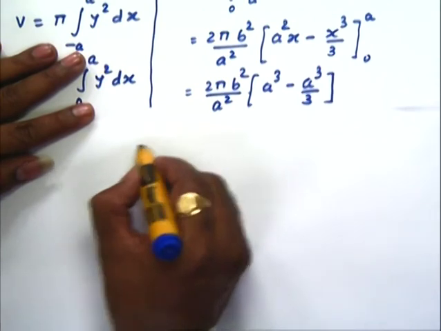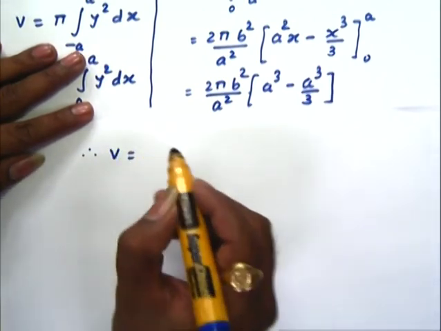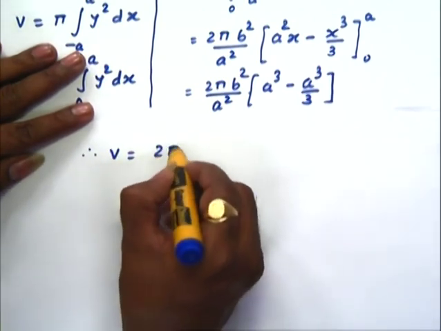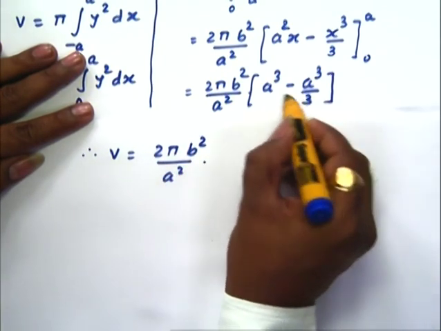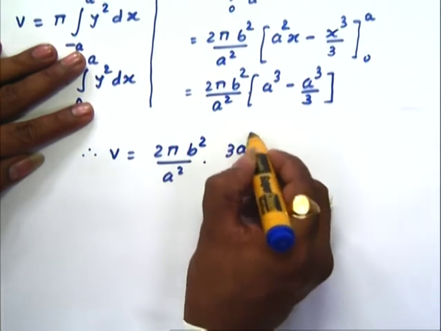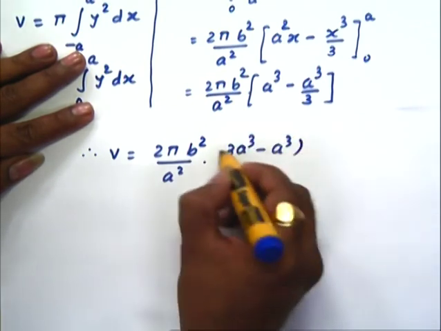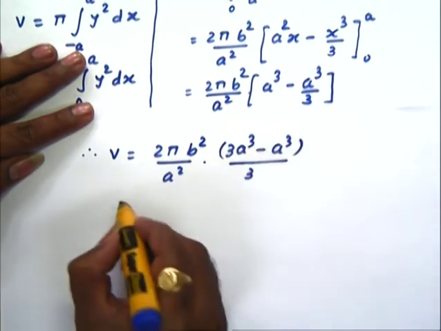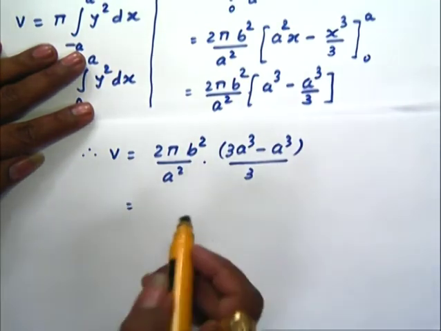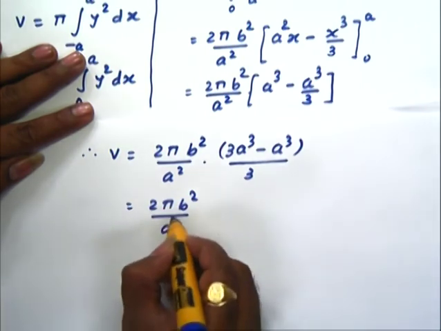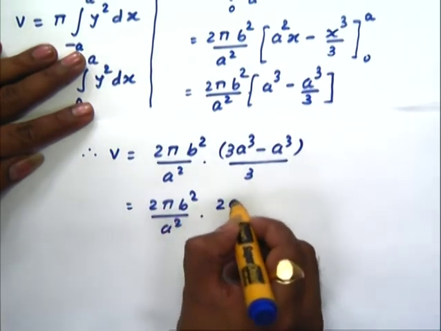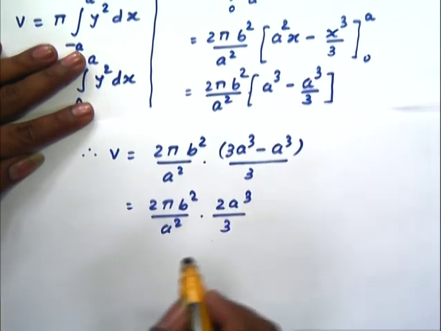Therefore, volume V equal to 2 pi b square upon a square into, take LCM, so 3a cube minus a cube upon 3, which is equal to 2 pi b square upon a square into 2a cube by 3.